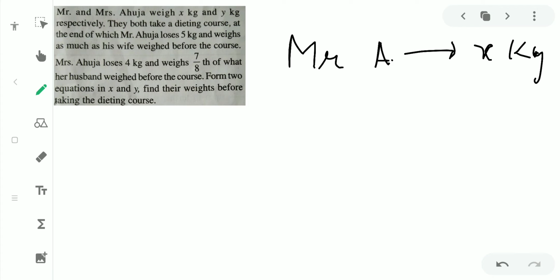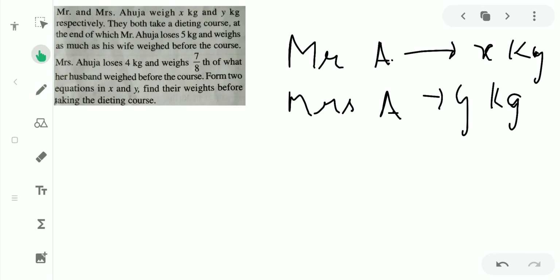And Mrs. Ahuja weigh Y kg. So now it is given they weigh X and Y kg respectively.